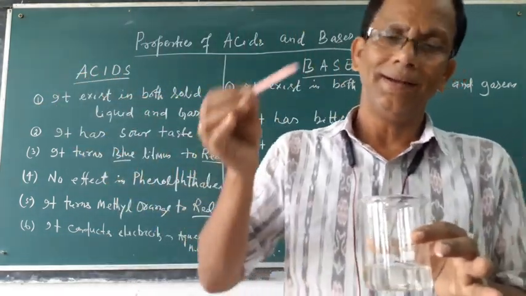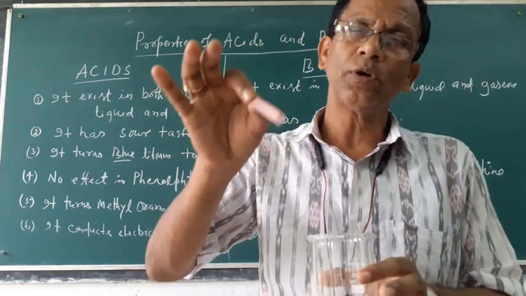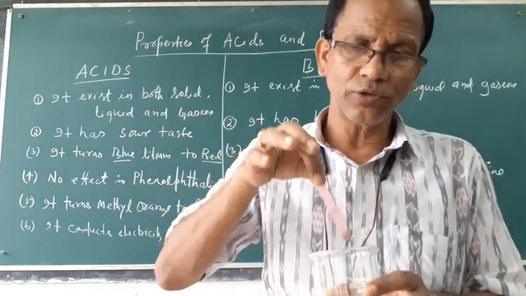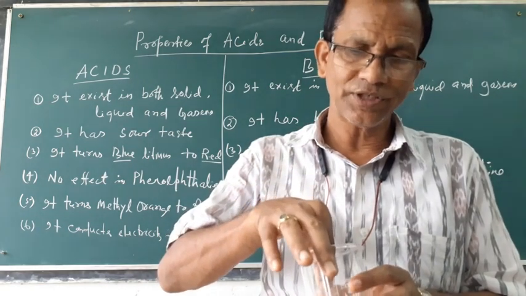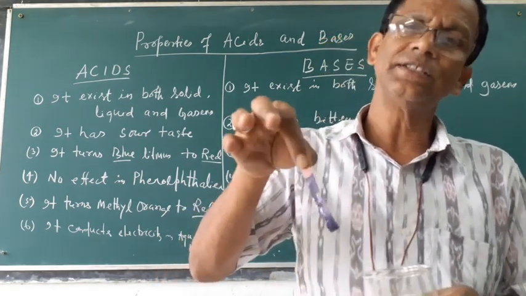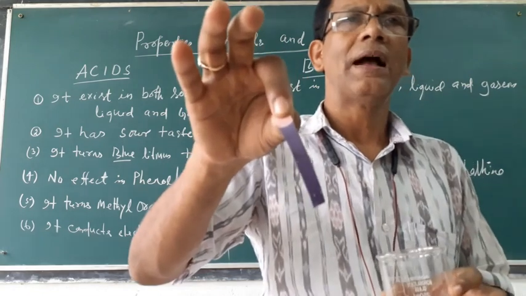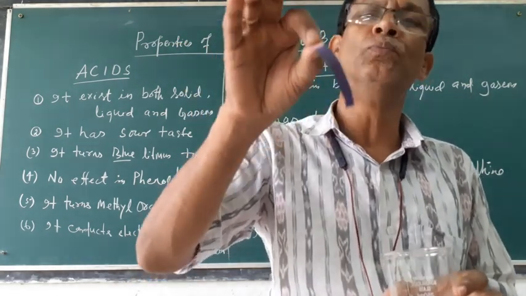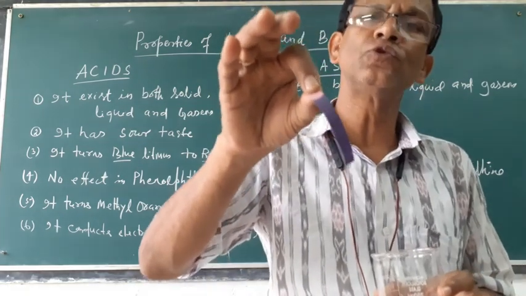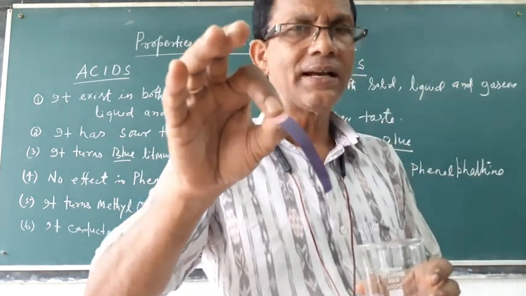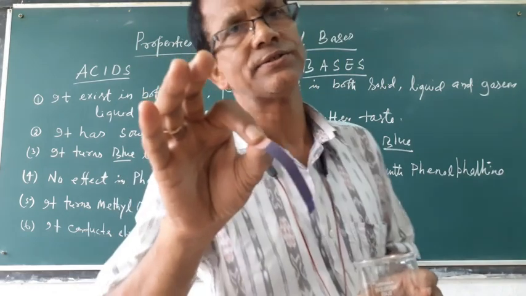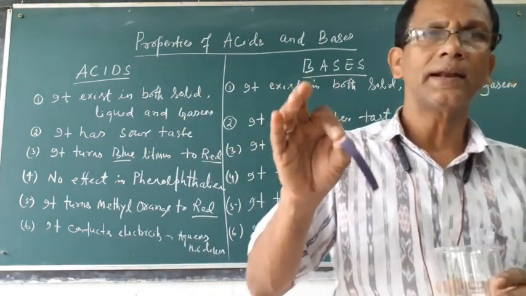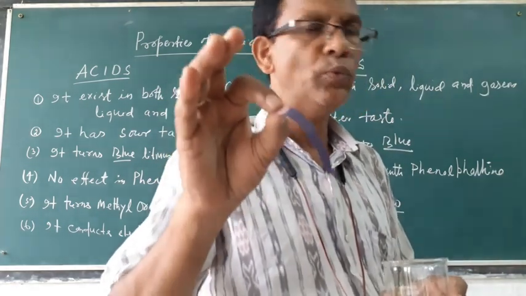When you dip the red litmus paper in the unknown solution, you see the color changes to blue. As red changes to blue, it is the characteristic of base. So all bases change red litmus to blue.